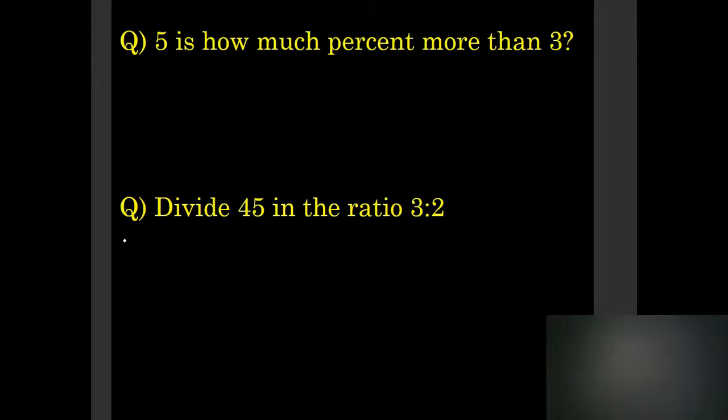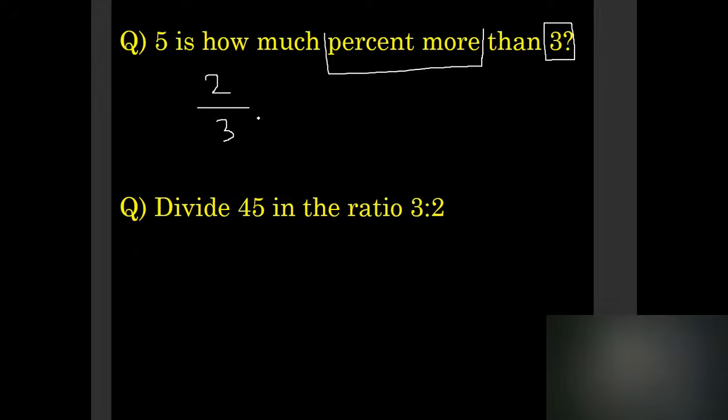Okay, let us check how to do. 5 is how much percent more than 3 means again you should take difference of these numbers. Difference of 5 and 3 is 2. Here the base value is 3, since we are comparing 5 with 3, so we take denominator as 3.